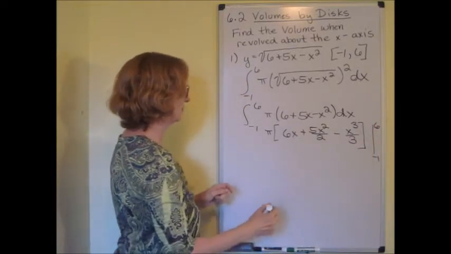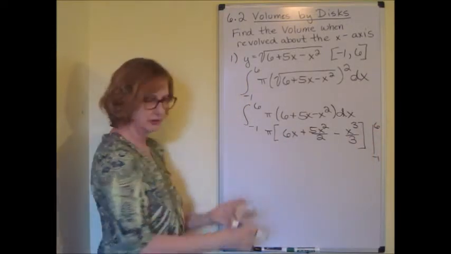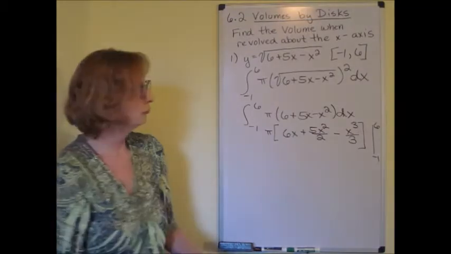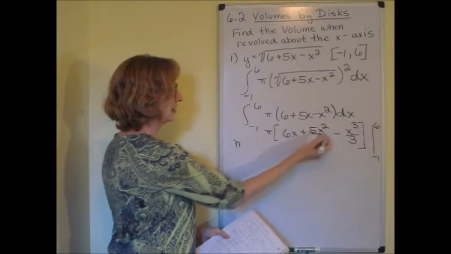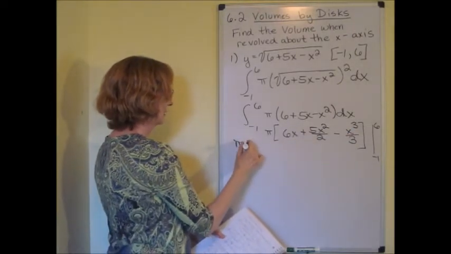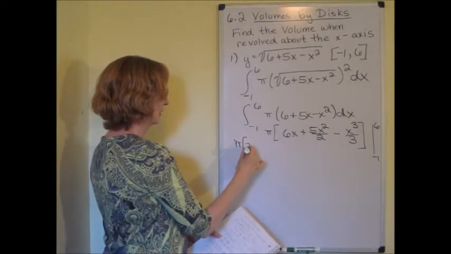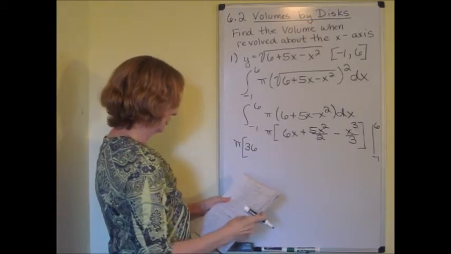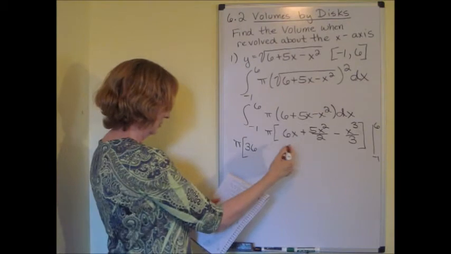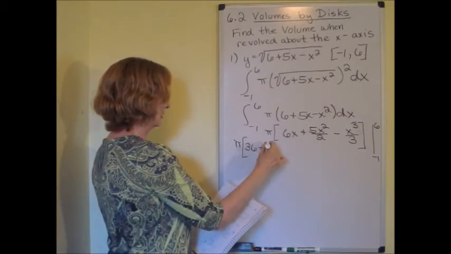And just plug in. So when I plug everything in, let's see what we got. First we'll plug in, don't forget the pi, our 6 for x. So that'll give us 36. Plug in your 6 here, and it should give you a 90.